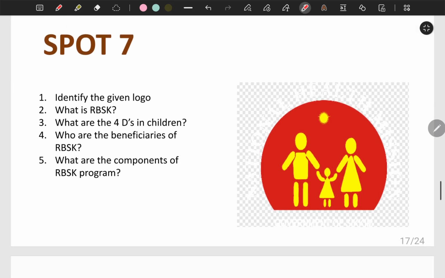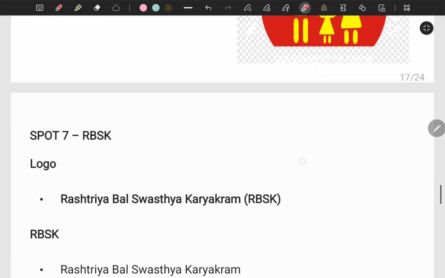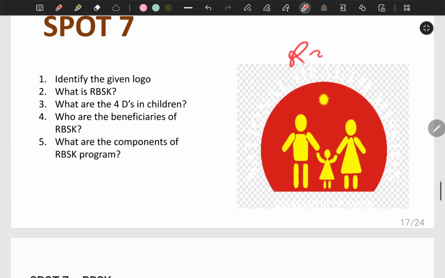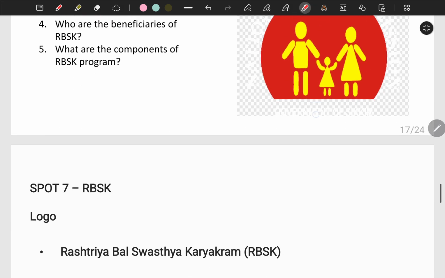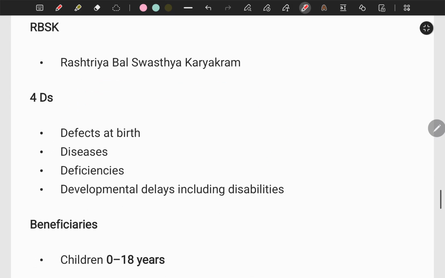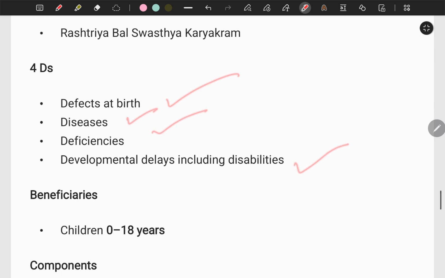Moving to the next spot, we have to identify the logo. What is RBSK? What are the 4Ds, beneficiaries and components? Okay, so this is the logo of Rashtriya Bal Swasthya Karyakram, RBSK. What are the 4Ds? Defects at birth, disease, deficiency, developmental delays including disabilities.